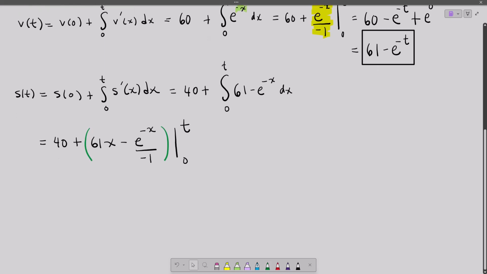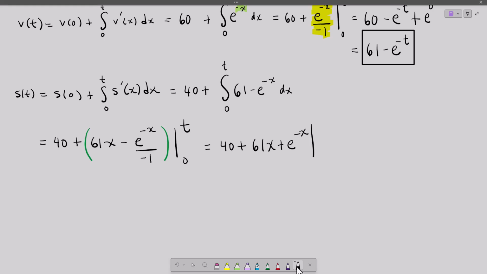So before we simplify any, or before we plug in our limits, let's just be clear that this becomes, and we'll put our grouping symbol in here, right? Negative, negative, turn it into a positive.